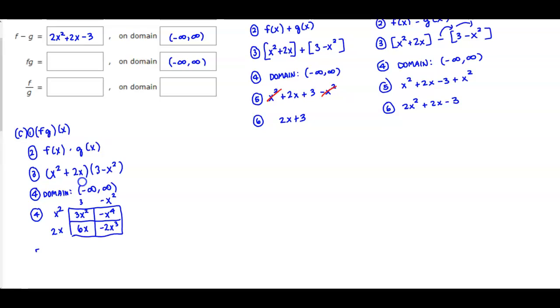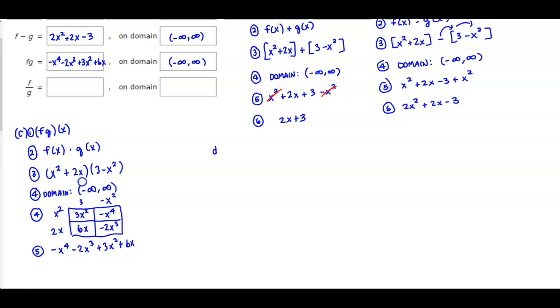So in this scenario here, there's nothing for us to combine, so we have negative x to the 4th minus 2x cubed plus 3x squared plus 6x.